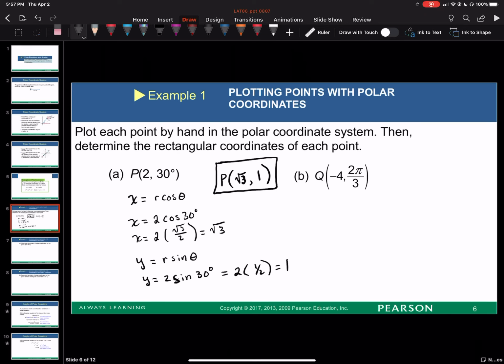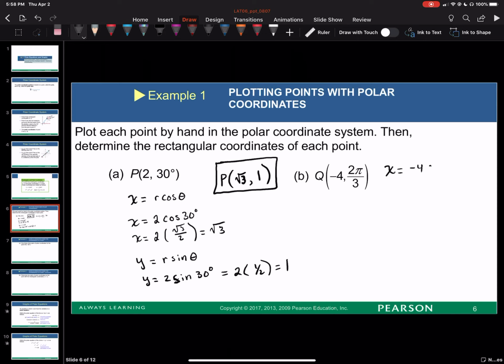All right. So let's look at this other one. Now this is point Q, negative 4, 2 pi over 3. So now you notice that this one falls on what? The opposite side. All right. So let's go ahead and solve for x and solve for y. So x is just equal to r, which is what?